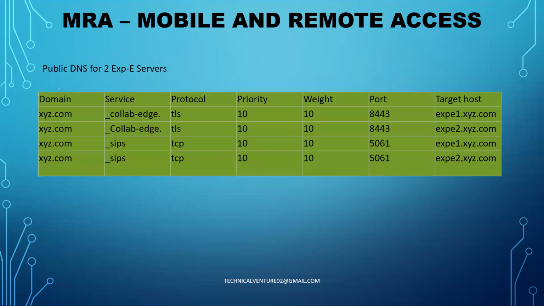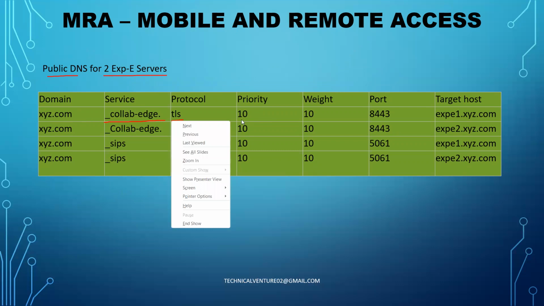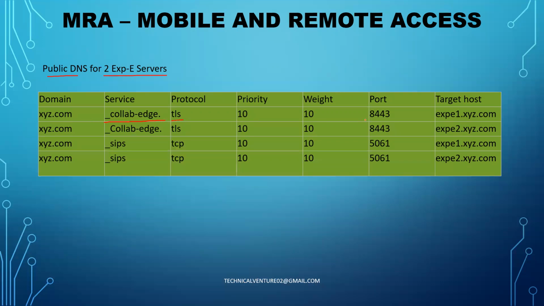So let me show you the public DNS SRV queries for two Expressway Edge servers. Let's suppose you have two Expressway Edge servers. Domain is xyz.com. Service would be this one, underscore collab-edge. Protocol would be TLS. This is the priority, this is the weight, and this is the port number.